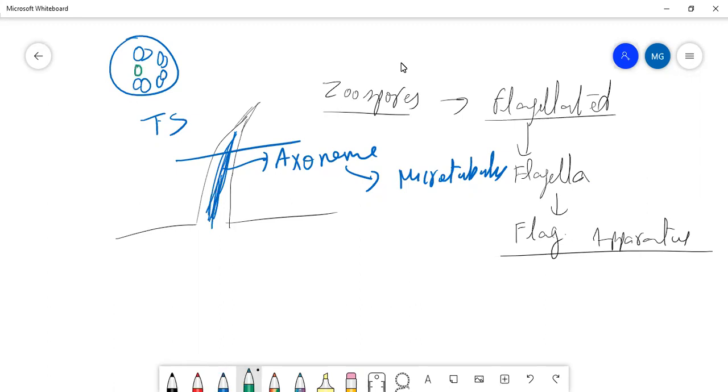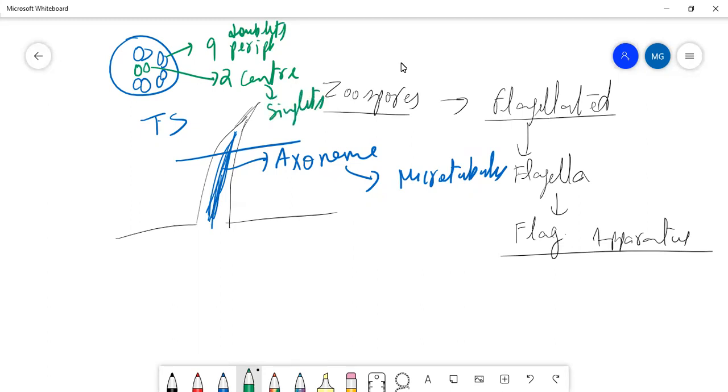So how many? 9 in the periphery and 2 in the center. So 9 periphery वाले आप देख रहे हो? They are doublets. So 9 peripheral doublets. Center वाले 2 singlets.